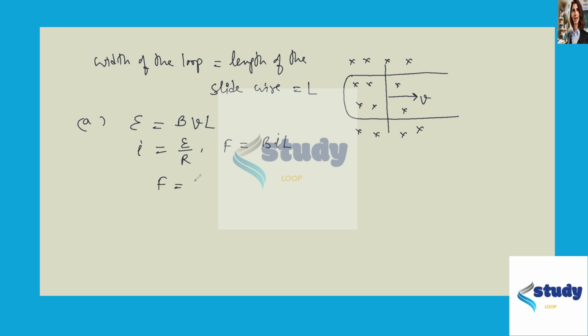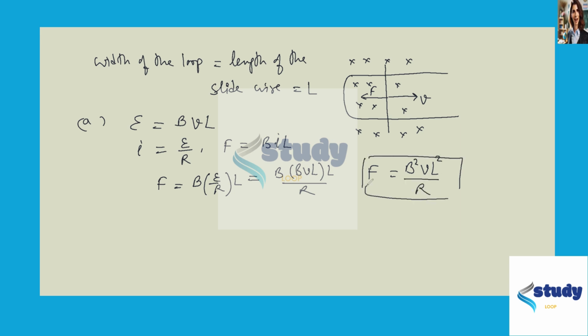So, it comes out to be B epsilon by R multiplied by length. So, this is B into BVL into L divided by R. So this force acting on this bar towards left in a direction opposite to the direction of motion will become B square V L square divided by resistance R. This is the expression of the force and the answer for the first part of the problem.